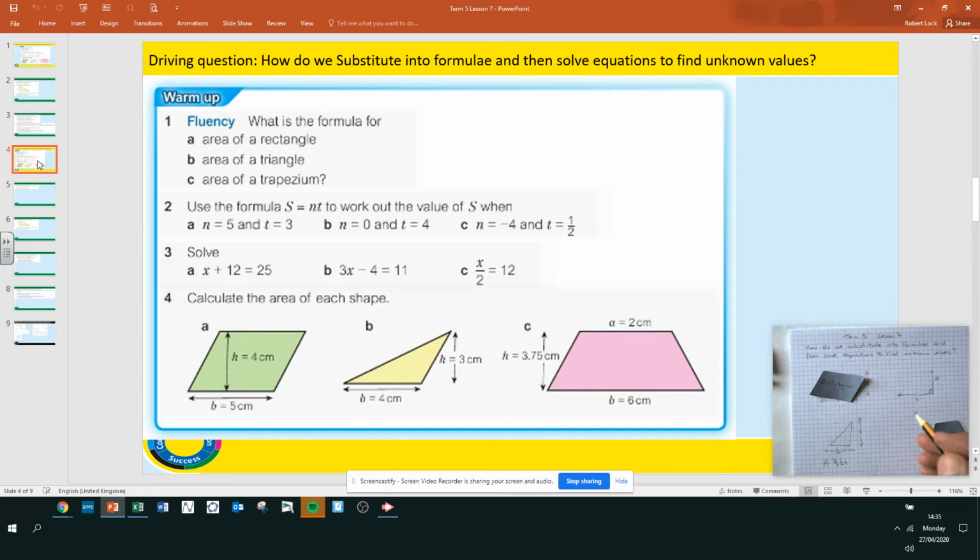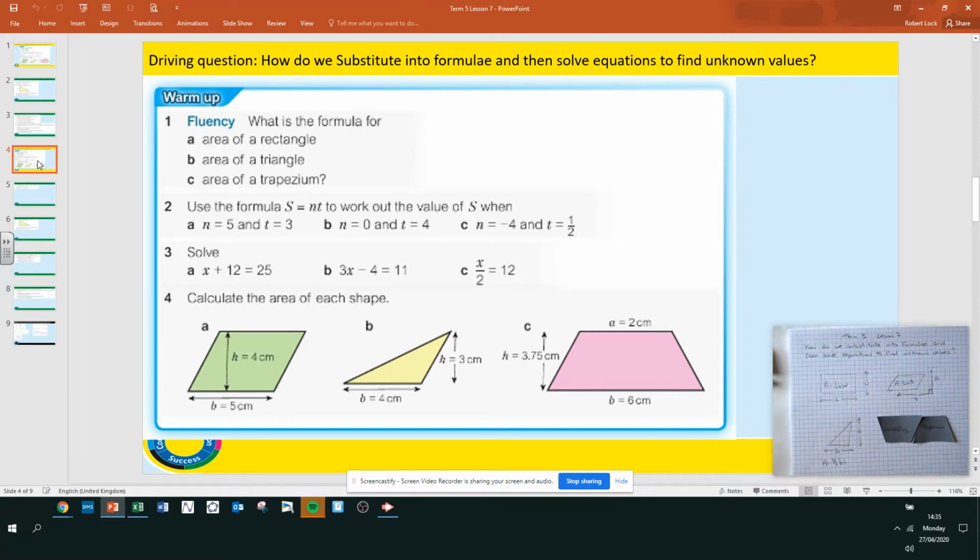So here, the area of a parallelogram is area equals base times perpendicular height. Trapezium. A trapezium here. If I put another trapezium next to it, what shape do the two trapeziums make? Most here is a parallelogram.